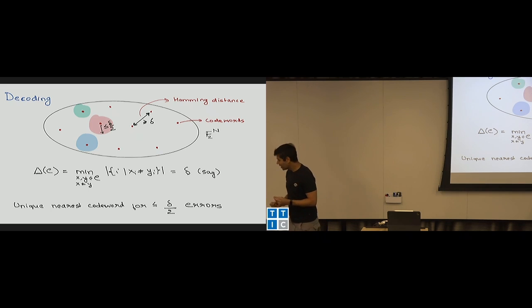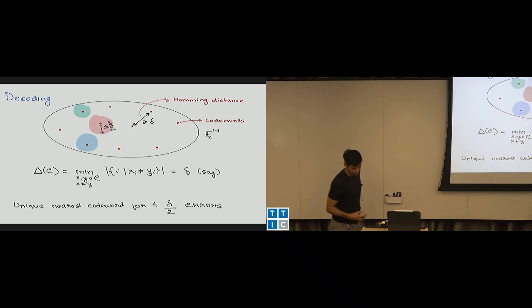And I can ask how far apart two elements of the code are, if I have some way of measuring distance. We'll stick with Hamming distance, so just how many bits they differ in. The minimum number of bits in which any two code elements differ is said to be the distance of the code. It's just a lower bound on the distance of any pair of code elements, also called code words.